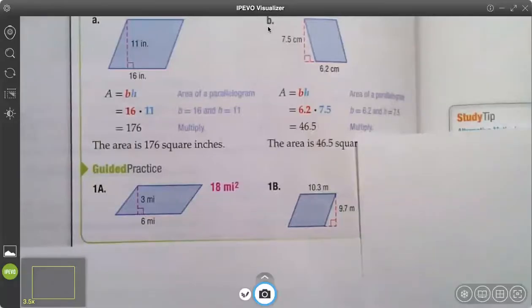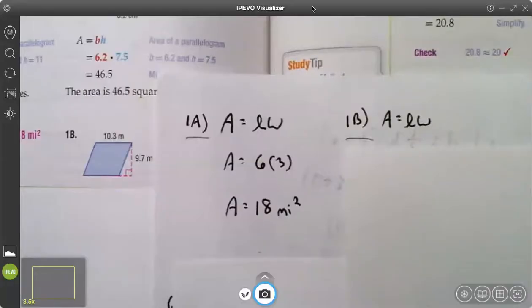Let's do one more. Try 1B. For 1B, again, I have LW, length times width. Technically, it's supposed to be BH, base times height. Doesn't really matter. Also, it sits on the base.